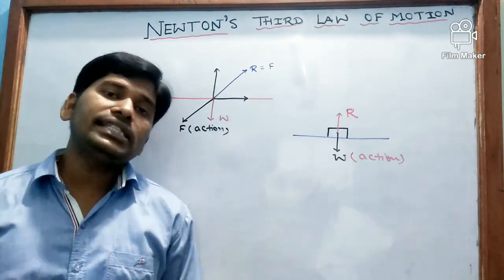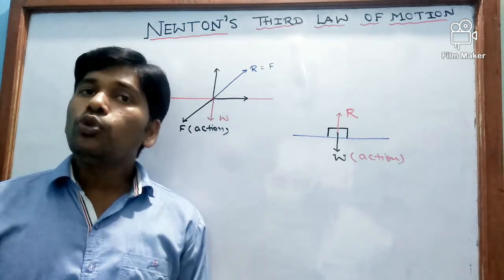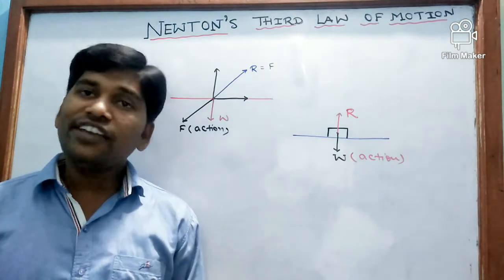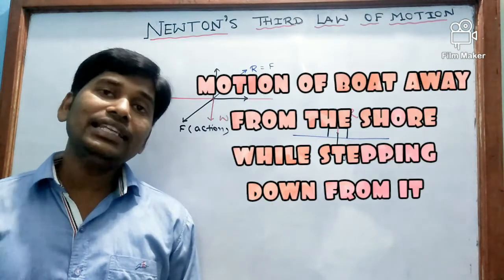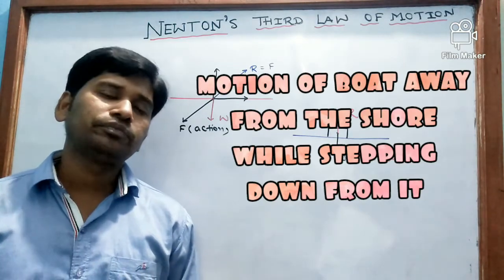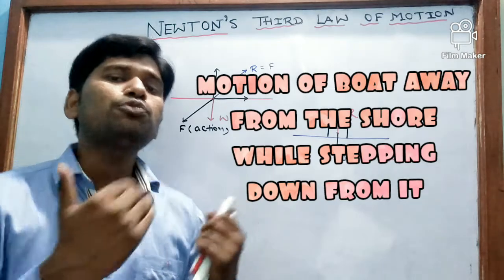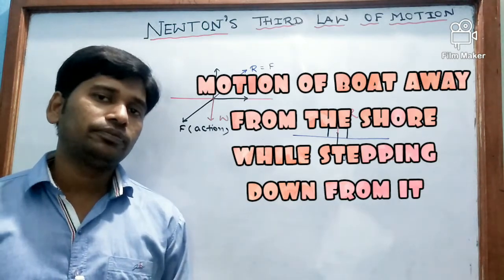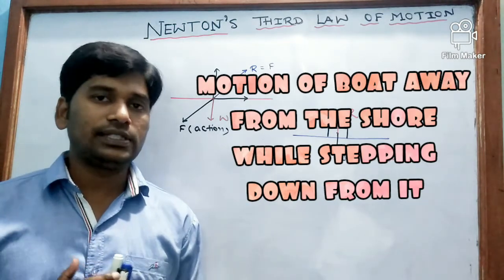Next example, we can see the motion of a boat away from the shore while stepping down from it. You might have seen, when a person jumps from the boat, what happens?